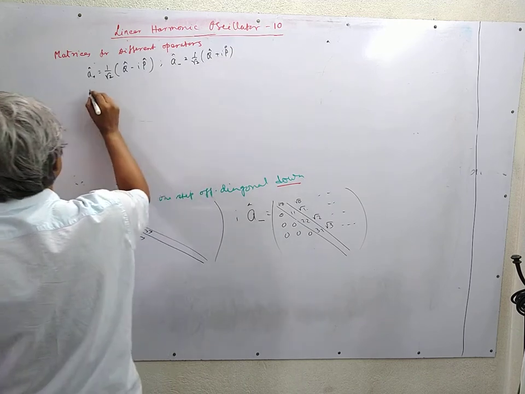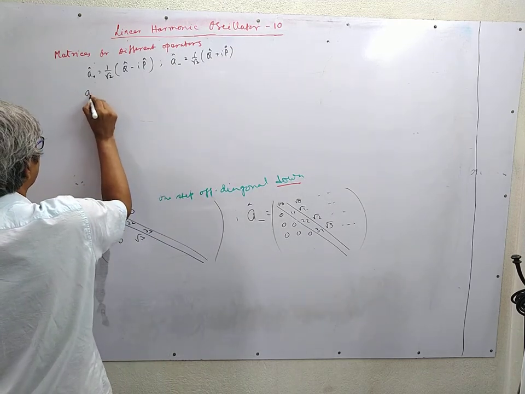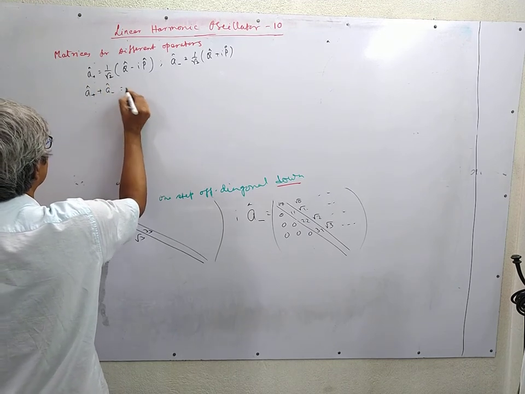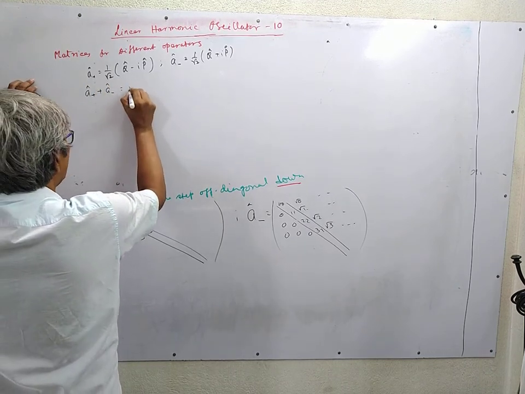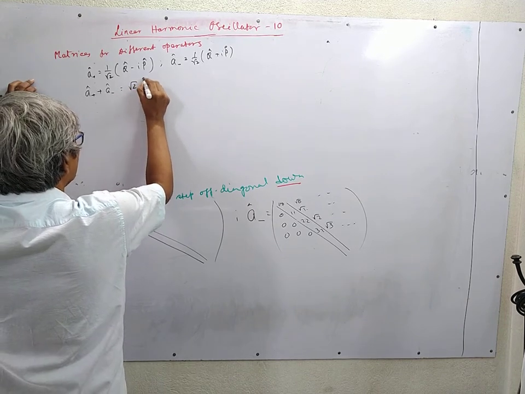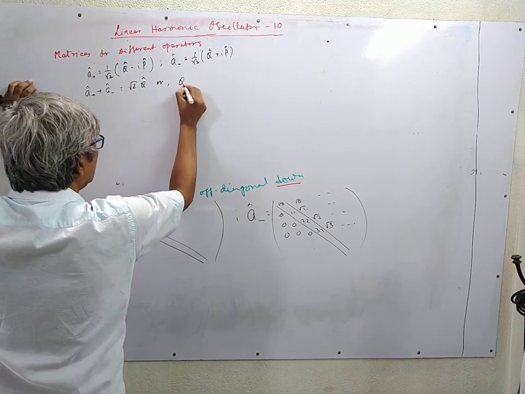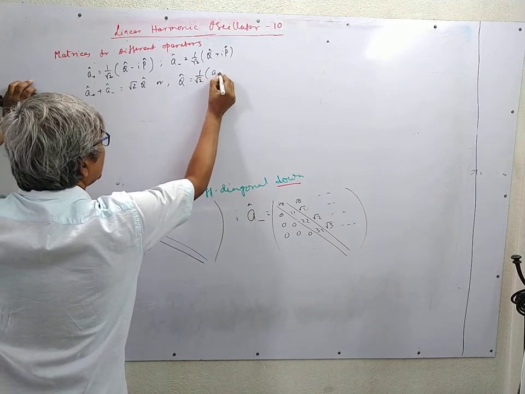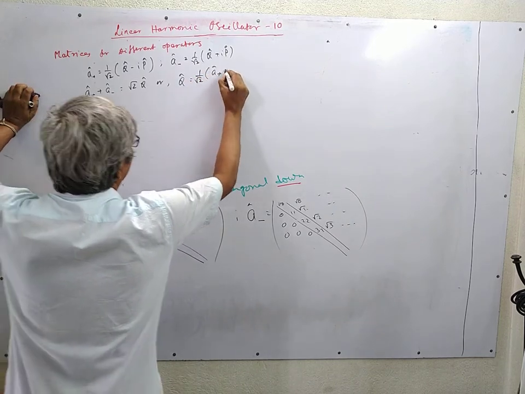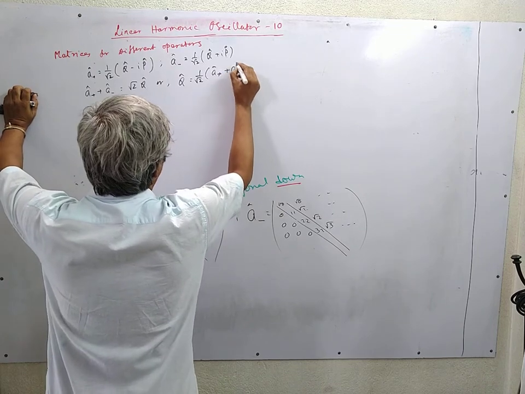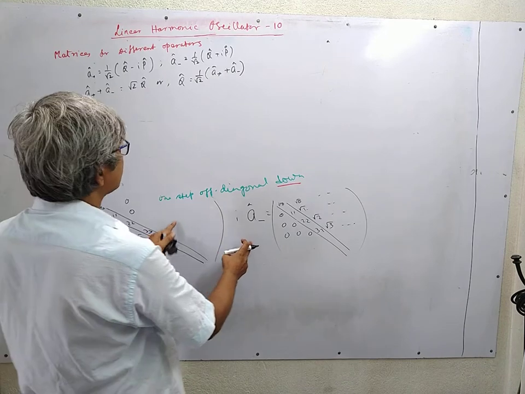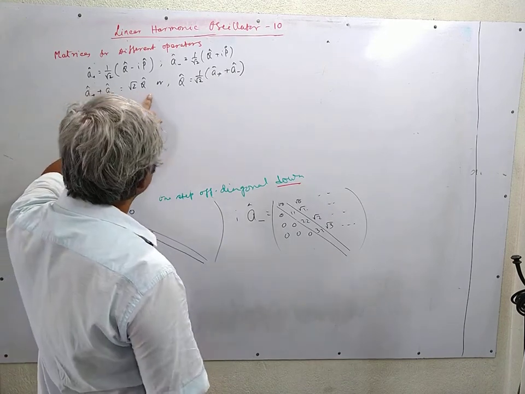If we add these two, we get A plus plus A minus is equal to root 2 Q, or the Q operator is equal to 1 upon root 2 times A plus plus A minus. So by adding these two matrices, we can get the matrix for Q.